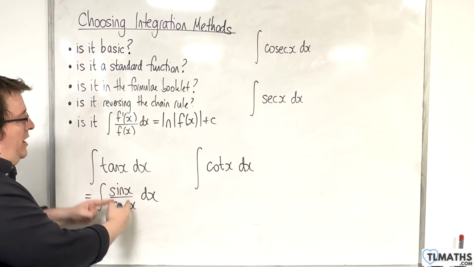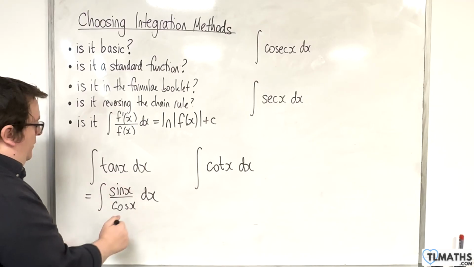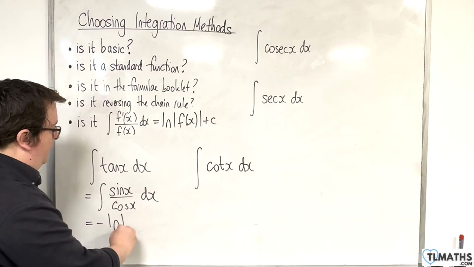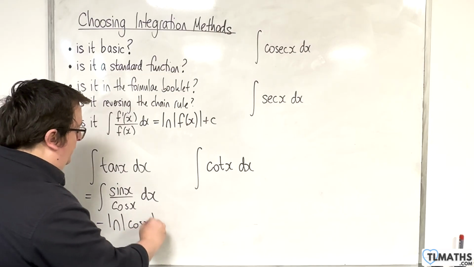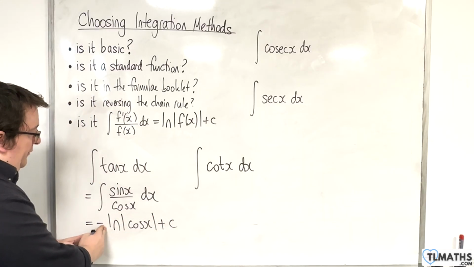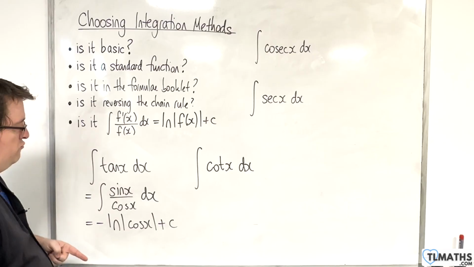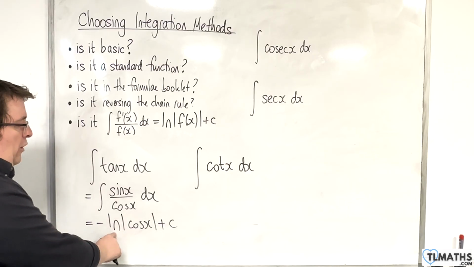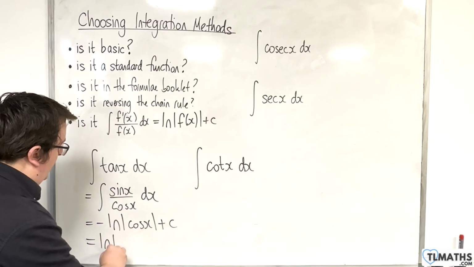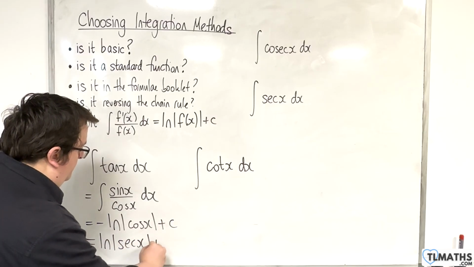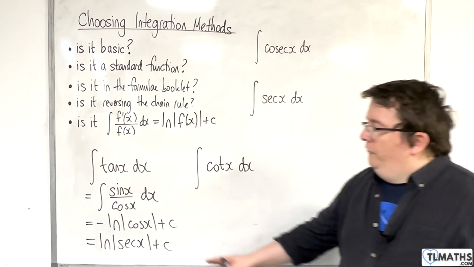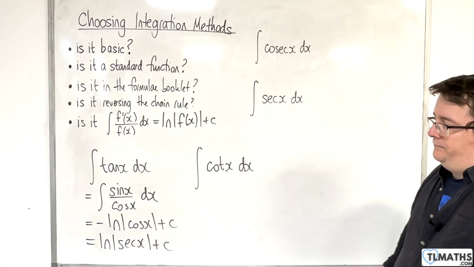Now cosine differentiates to minus sine, so that means that we have minus the natural logarithm of the modulus of cosine x plus c. Now a lot of people then bring this minus sign up to the power using your log rule. So you can write that as log of 1 over cosine x, which is log of sec x. Okay, so in your formula booklet you'll find it as log of the modulus of sec.